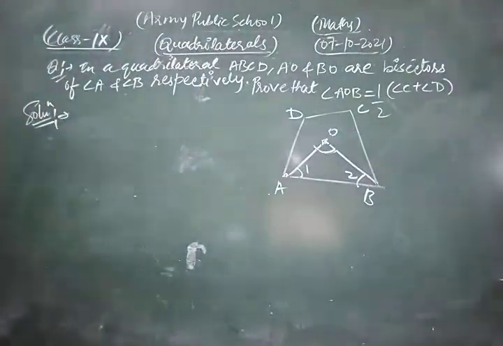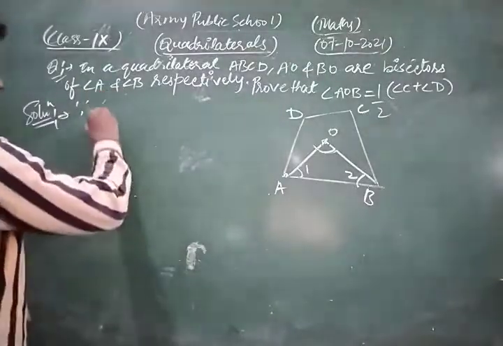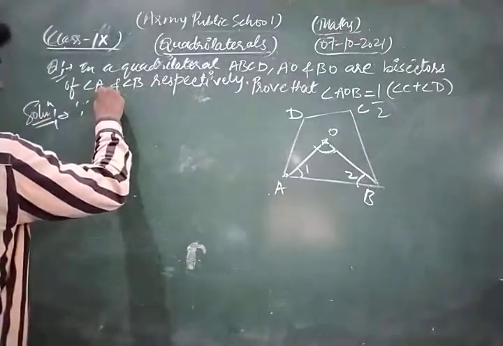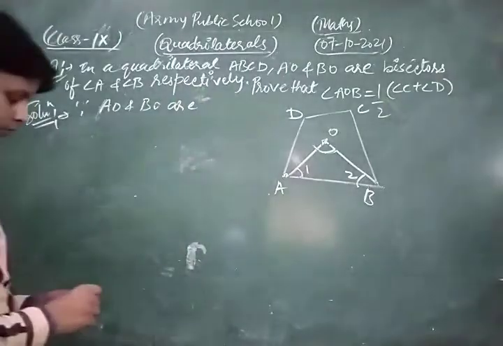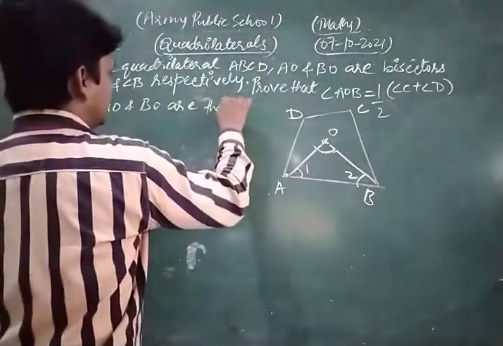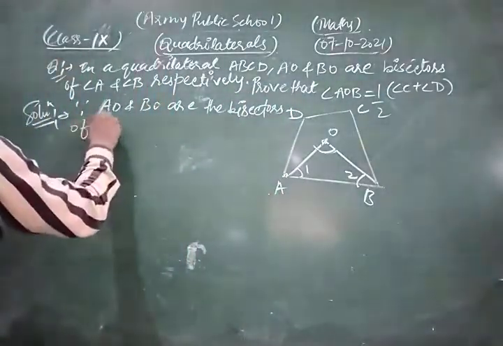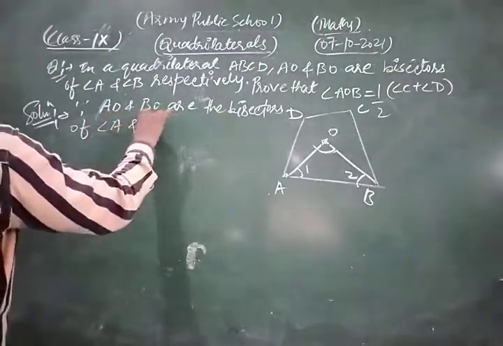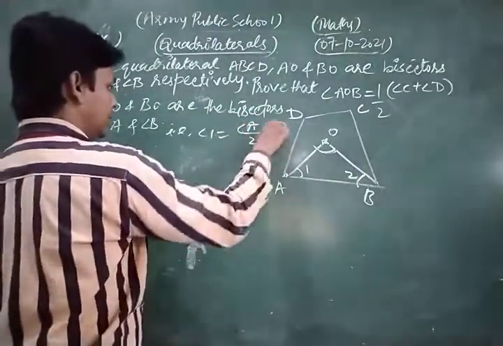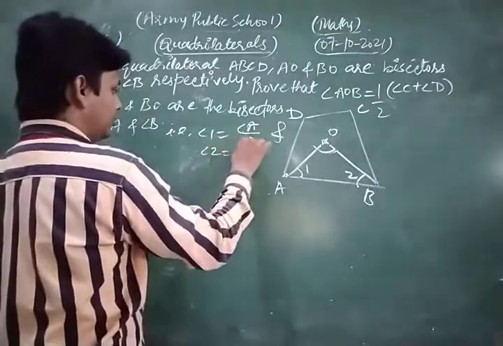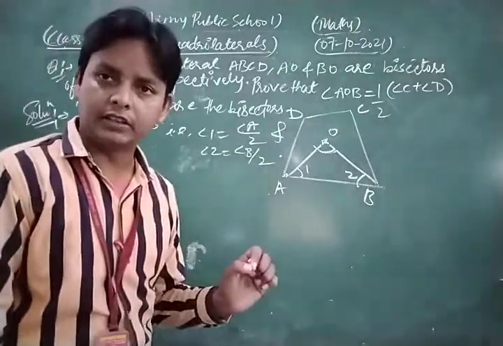Now look. Since from the figure it is clear that AO and BO are the bisectors of angle A and angle B, that is, angle 1 is equal to half of angle A and angle 2 is equal to half of angle B respectively. Is it clear, everyone?